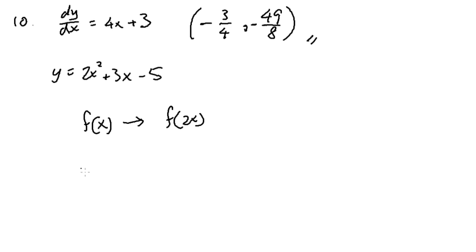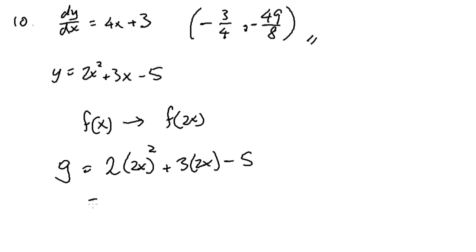So the new y, let's say it's g, will be equal to 2 times (2x) squared plus 3 times 2x minus 5. And that would give us 8x squared plus 6x minus 5. That will be the equation.